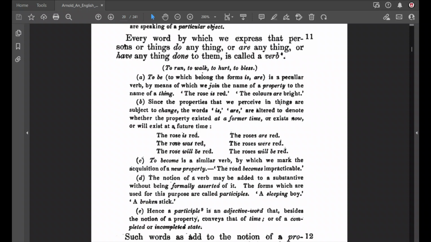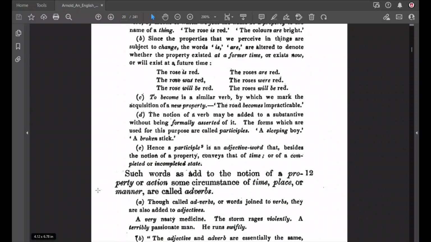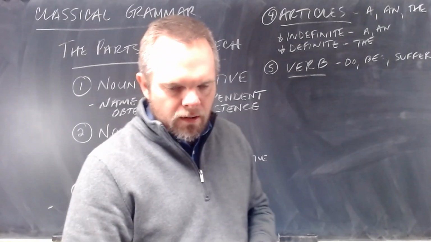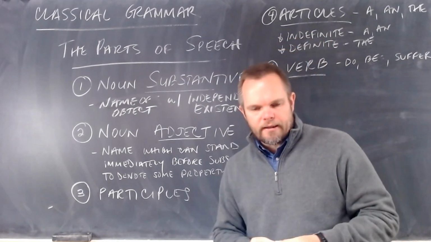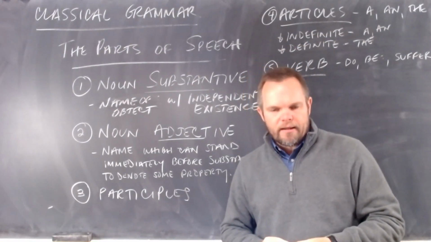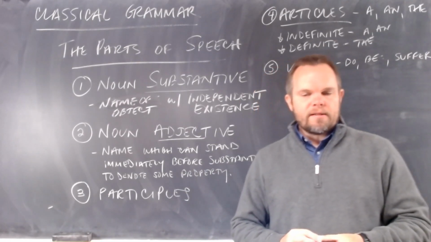So we'll use that note at point E as our description of a participle. A participle is an adjective word that besides the notion of a property conveys that of time.